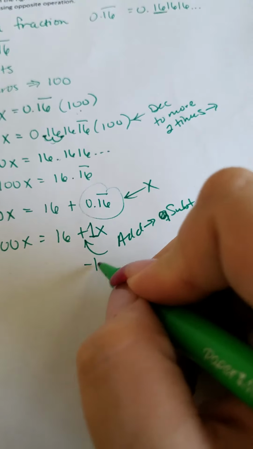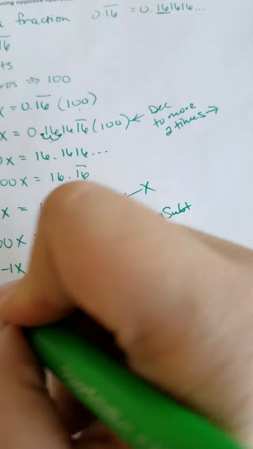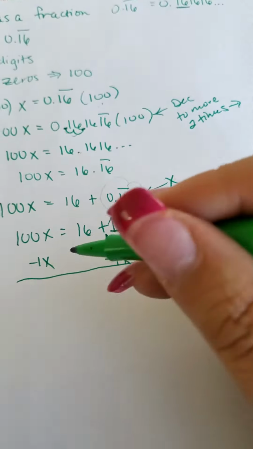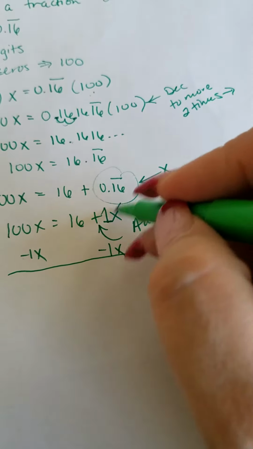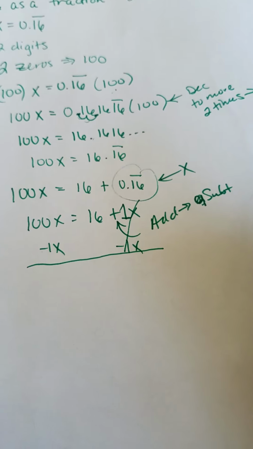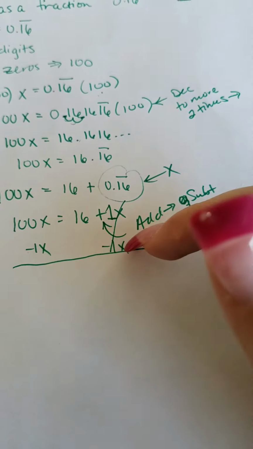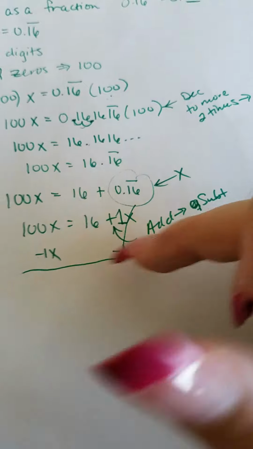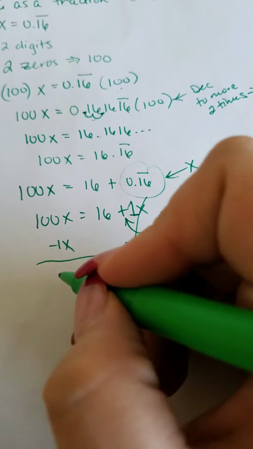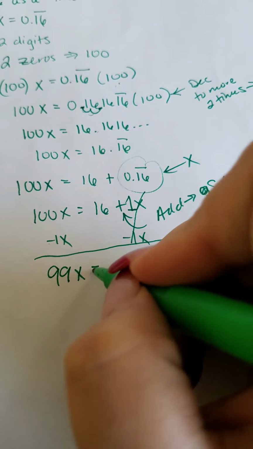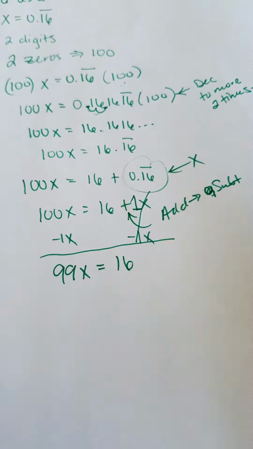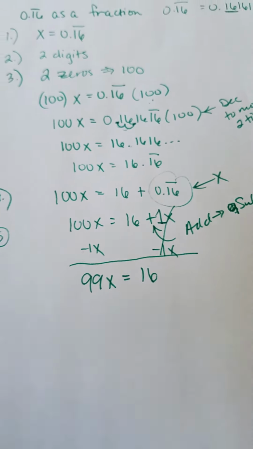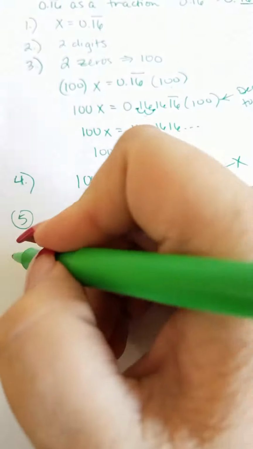So I'm going to subtract 1x on both sides, because again, what we do to one side, we have to do to the other. These x's go away because a positive 1x minus 1x is 0. It's gone. Over here, we have 99x equals 16. So that was step number 6.